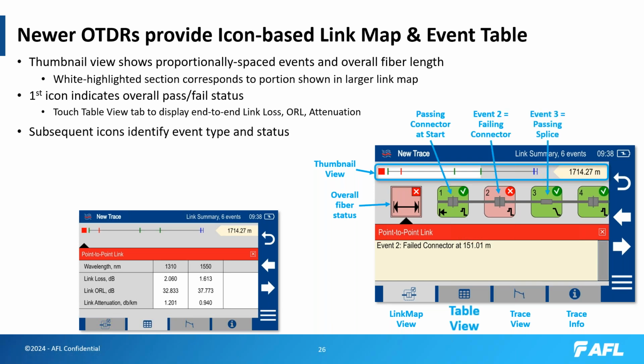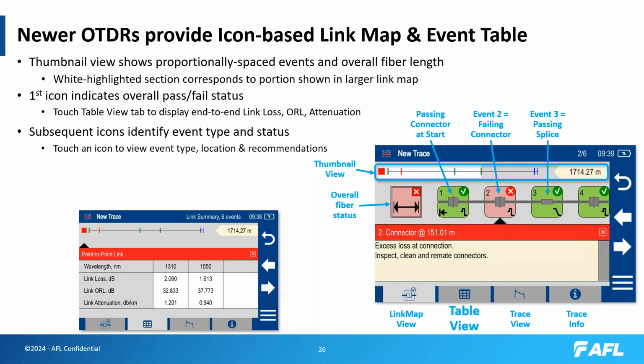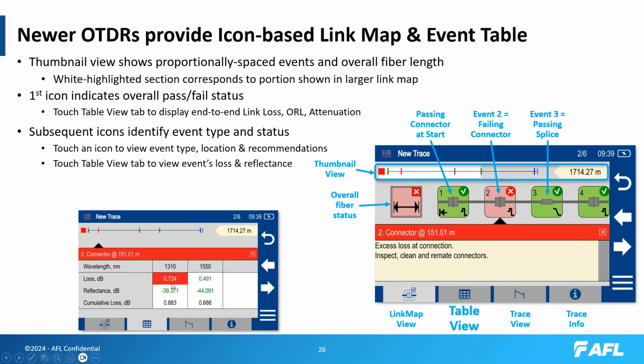If we look at our icons, here we see a passing connector, a failing connector, and a passing splice. And if we select a specific event, in this case the failing connector, I can see in the event table that this failed because my loss at 1310 is 0.7 dB.